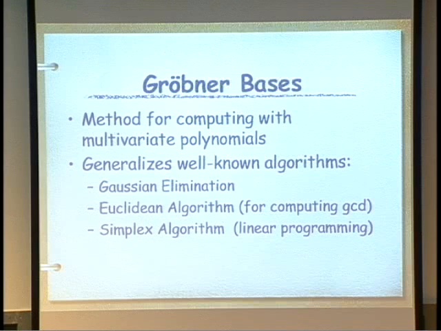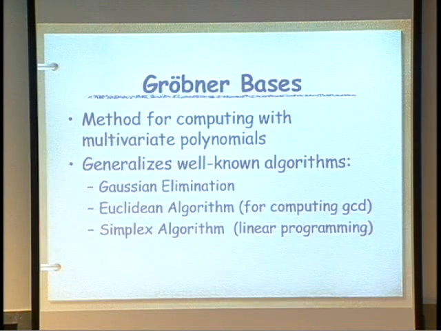So the first one is Gaussian elimination for solving linear systems of equations in many unknowns. Euclidean algorithm for computing the greatest common divisor. So you're familiar with this for computing the greatest common divisor of integers, but it works just the same for polynomials in one variable. And it also extends, as I'll explain, the Simplex algorithm for linear programming.